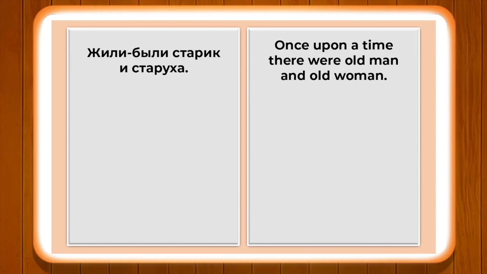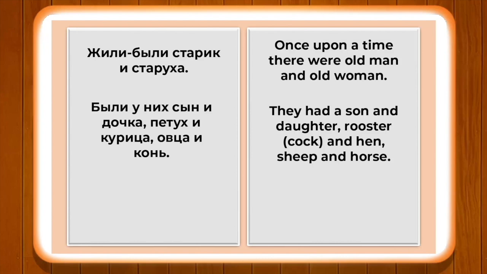The next sentence. Были у них сын и дочка, петух и курица, овца и конь. So here, if we simplify the sentence, we just go as per the English construction, although in Russian there is no set construction of the sentence. But if we simplify to understand it, we can go with the subject verb object construction. So if we simplify it, у них были сын и дочка, петух и курица, овца и конь.